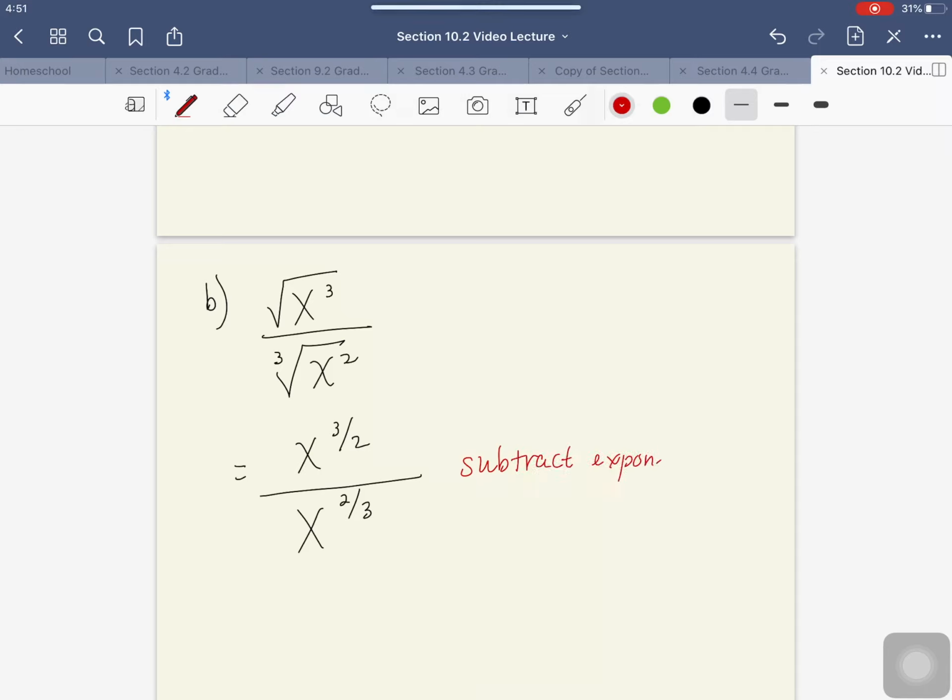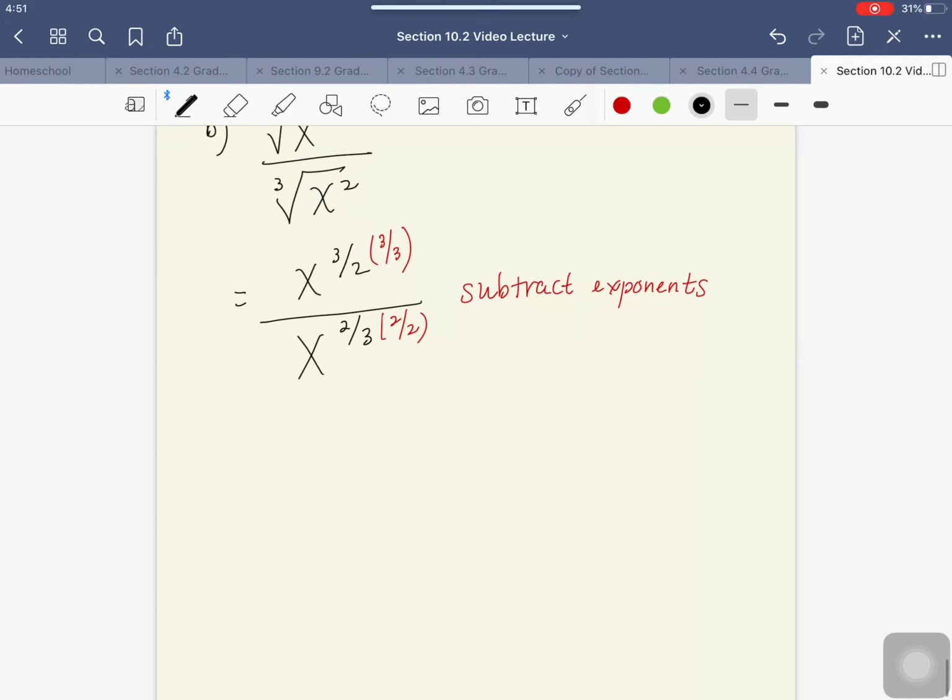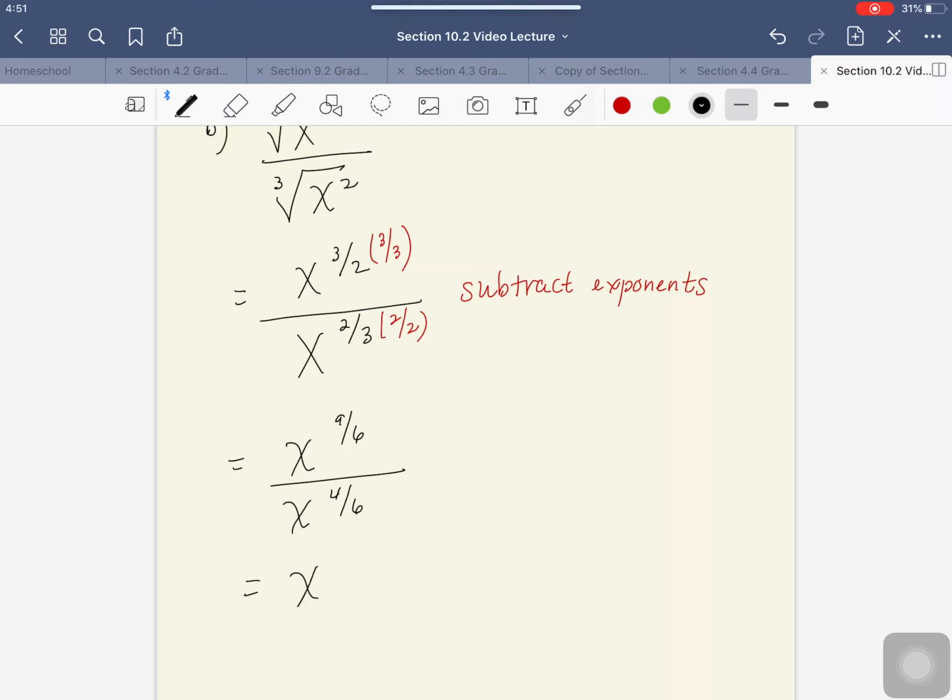And we would need a common denominator, which is 6. So I would multiply this fraction by 3 over 3 and this one by 2 over 2. So now we have x to the 9/6 over x to the 4/6. Subtract, that would be x to the 5/6.